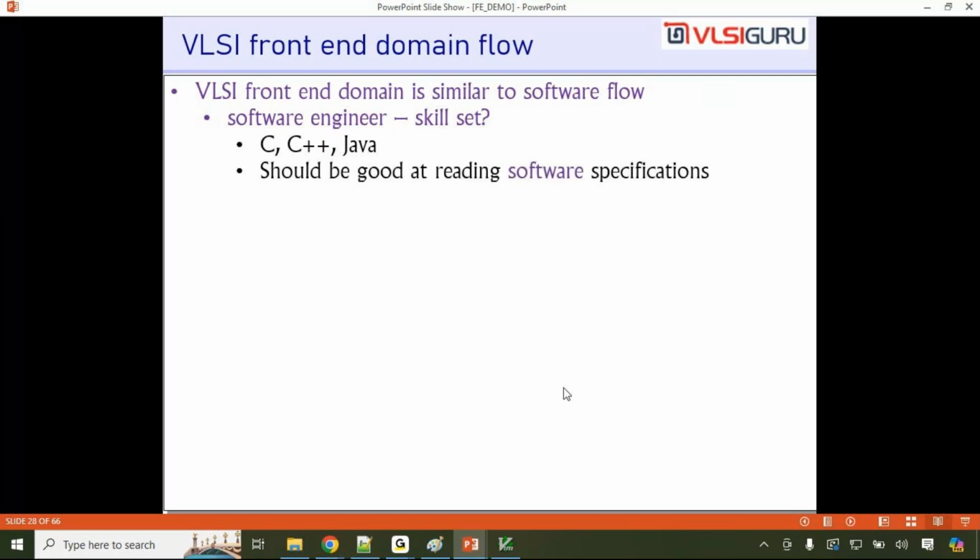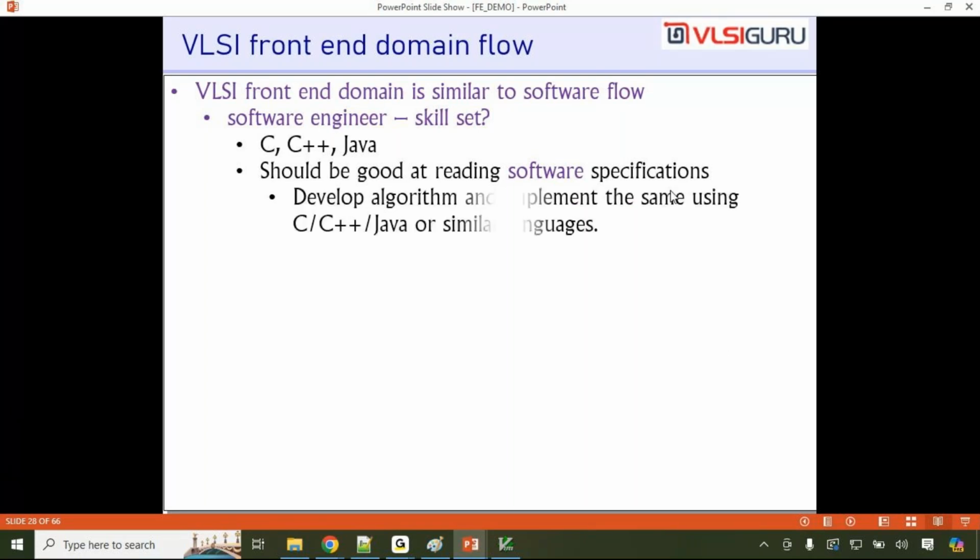A software engineer should be good at reading the software specifications, right? How the software behaves, everything. Based on that understanding of the specification, they should develop an algorithm and implement it using languages like C and C++. And they should have good programming skills.